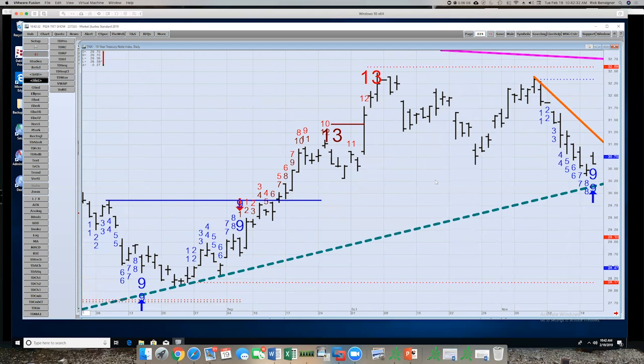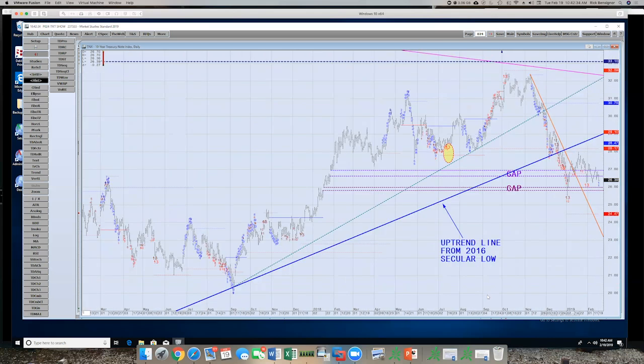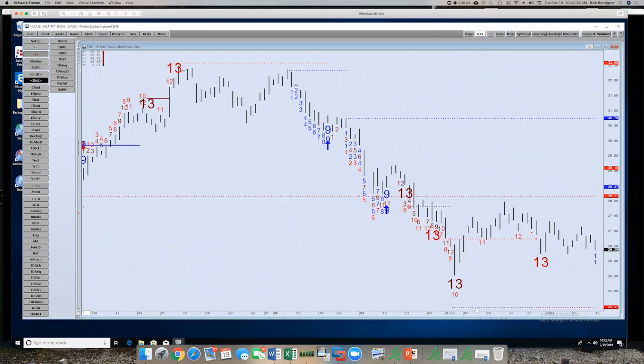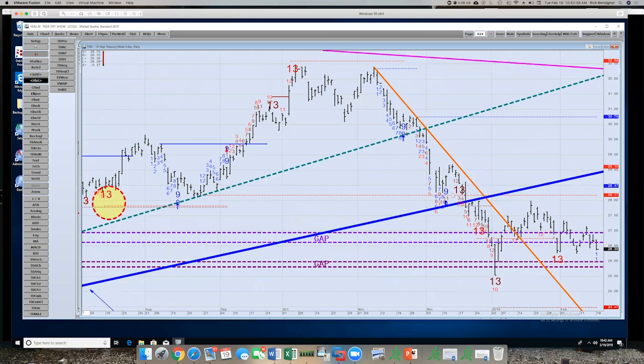You don't always get a perfect answer, but here, as we bring this together again, this 13 right here, I use different colors so I know which sequential I'm looking at, is an aggressive sequential finishing off this 9 count.